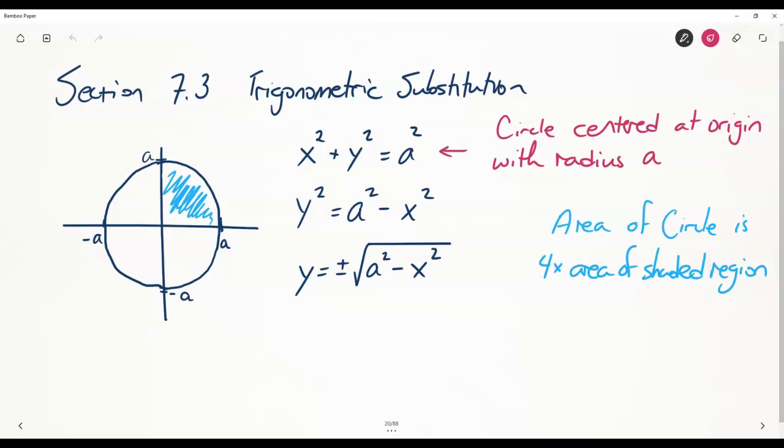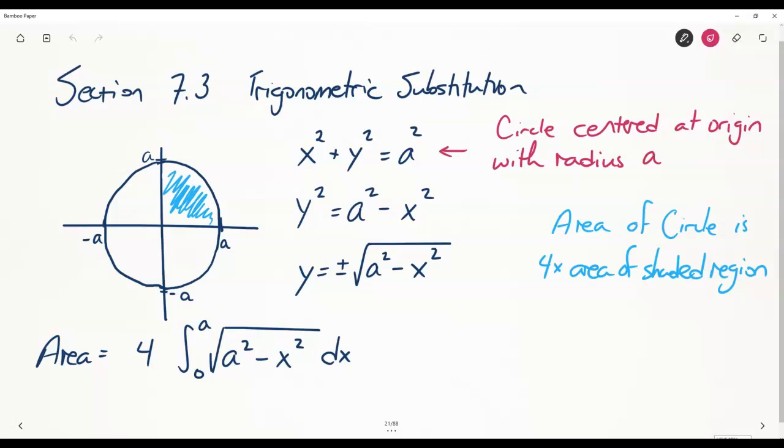Okay, I can do that by looking at this piece of the graph. That is the positive square root of a squared minus x squared, and I would be integrating from 0 to a. That would be my integral.